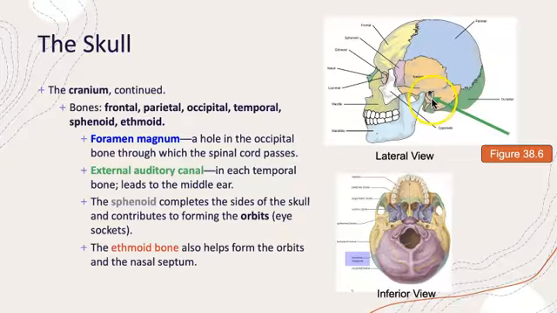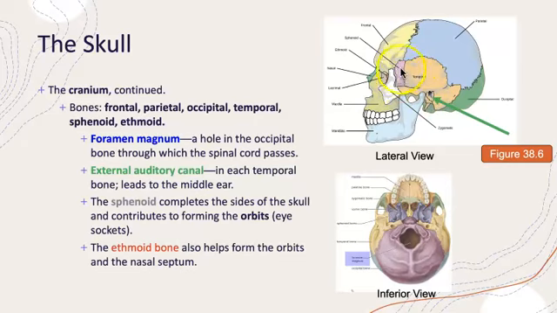The next structure we have is the external auditory canal, and this could be found on the temporal bone. It is, as it states, a canal. So you'll see a hole, and it'll be a tube-like structure that will lead from the external ear over to the middle ear.